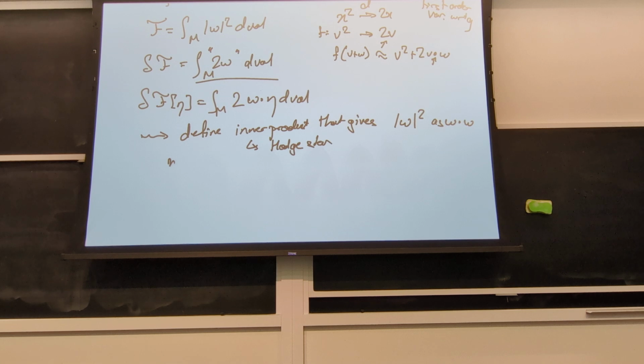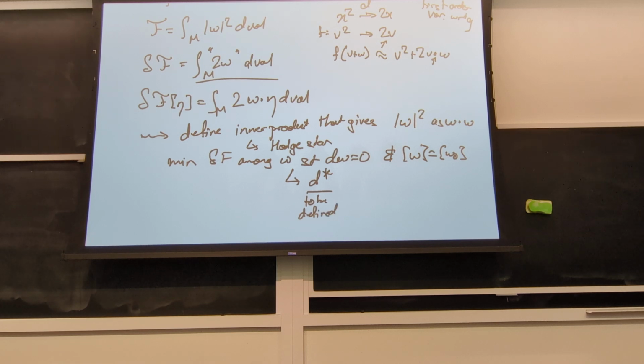And then you want to minimize del F among omega such that d omega is equal to 0 and omega is equal to omega naught. And so we'll see that this leads to some condition, which is to be defined: d star omega is equal to 0.